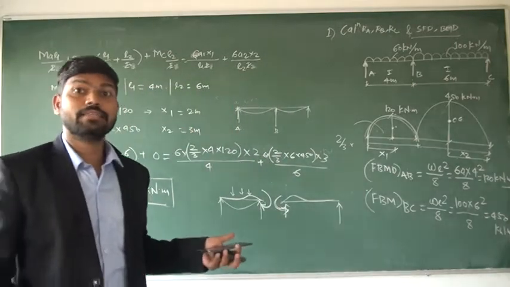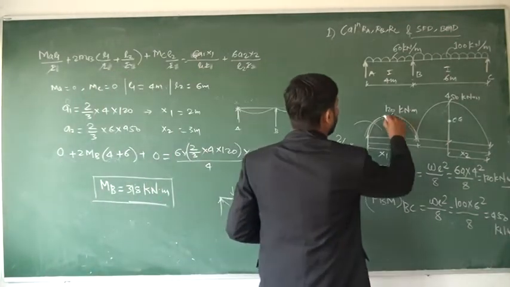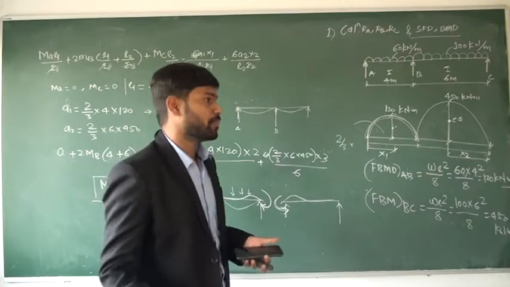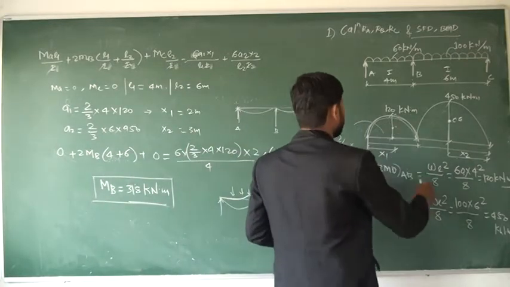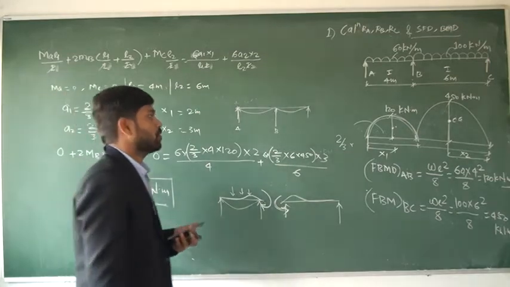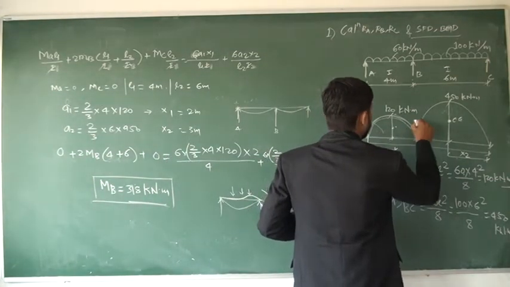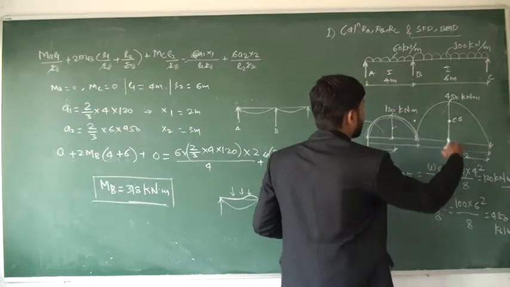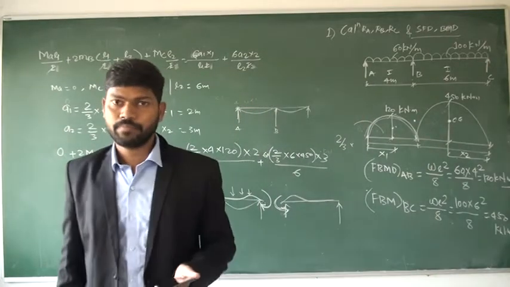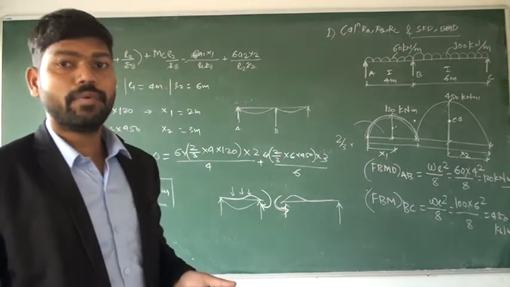So its sign is exactly opposite to the free bending moment. So if we are considering this as positive, this support moment will be negative. Okay. So I will just superimpose the support moment on the same free bending moment diagram.